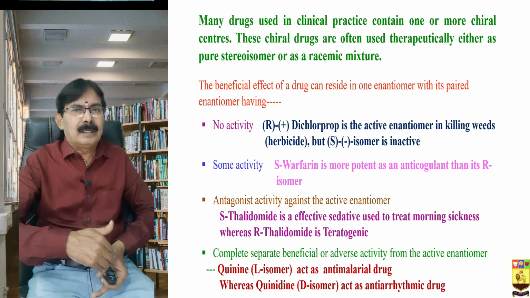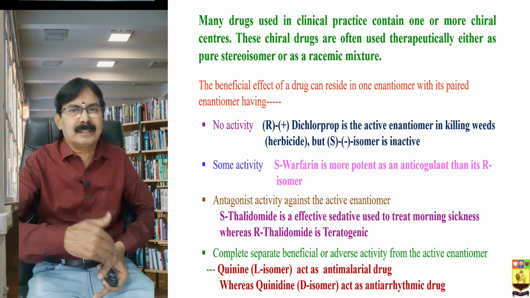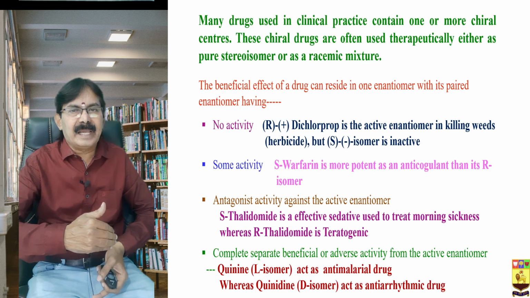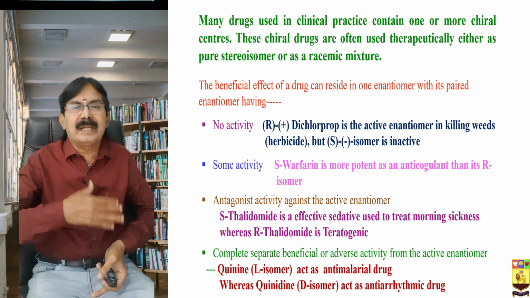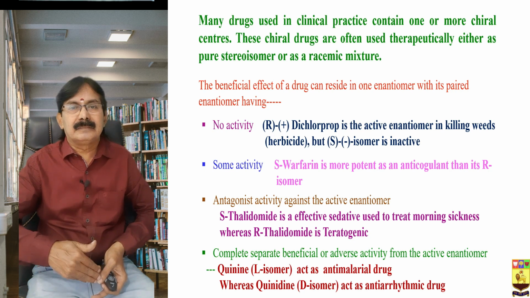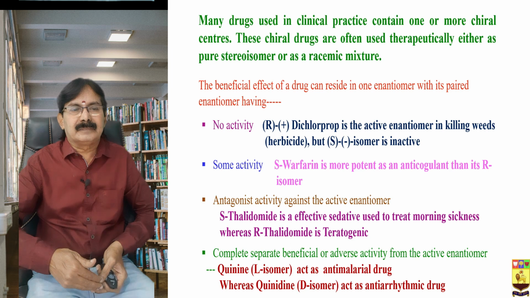For example, the L isomer of quinine acts as an anti-malarial drug, whereas quinidine, which is the D isomer, acts as an anti-arrhythmic drug. That will reduce the heartbeat. If the person is suffering from hypertension, the hypertension can be reduced.